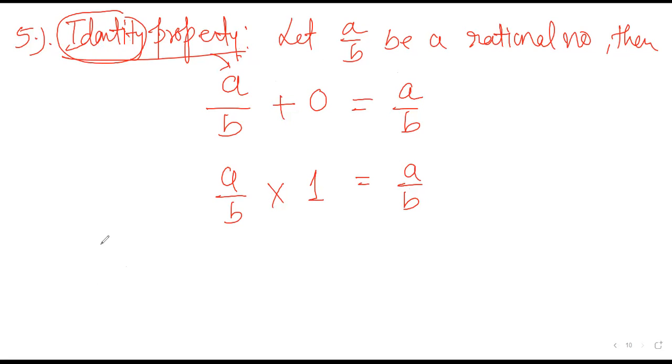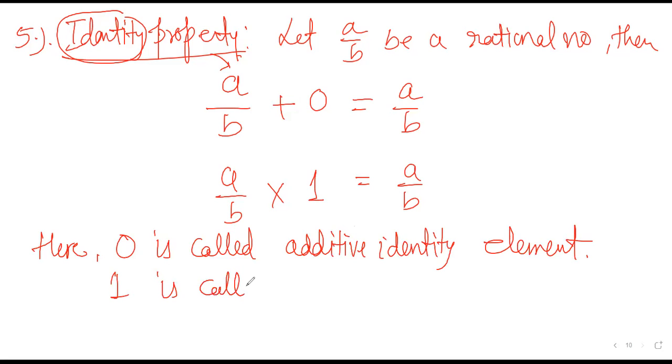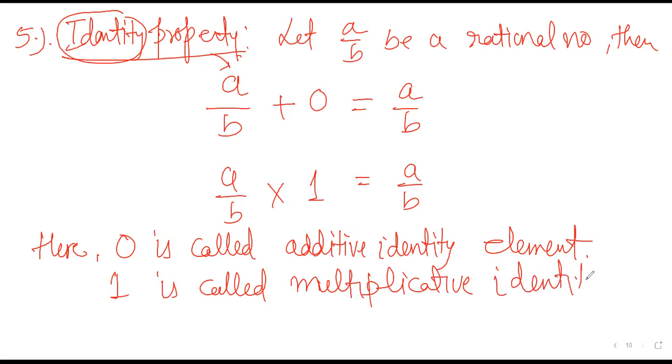And here, the most important thing: 0 is called the additive identity element, and 1 is called the multiplicative identity element, right?